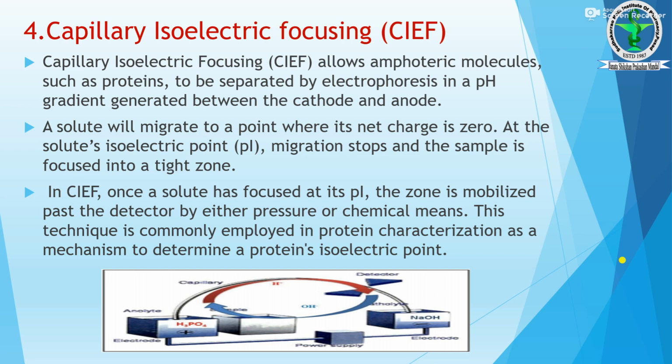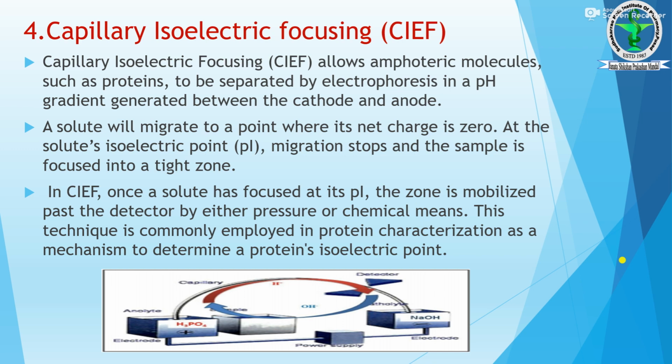In CIEF, once a solute has focused at its isoelectric point, pI, the zone is mobilized and passed past the detector. Once the solute is focused, because the solute migrates to the point where its net charge is 0, and at the isoelectric point migration stops and the sample is focused into a tight zone.